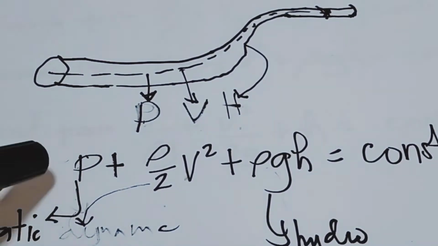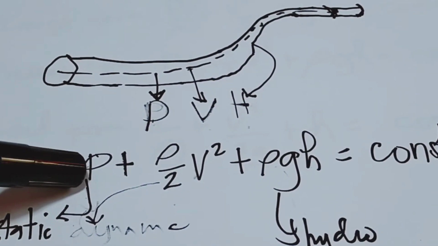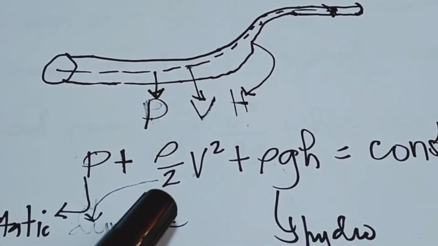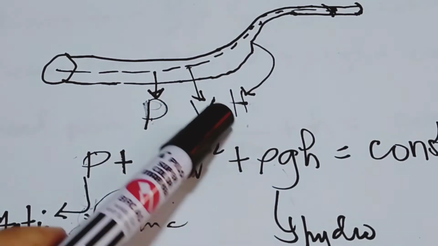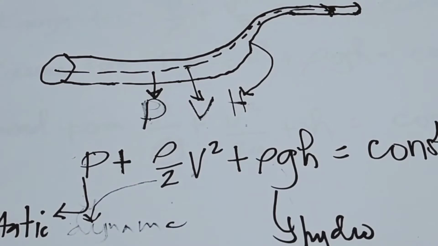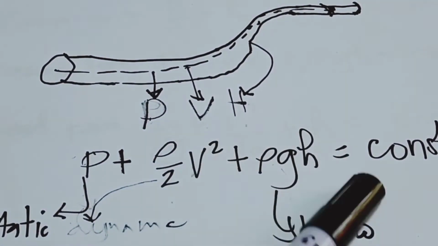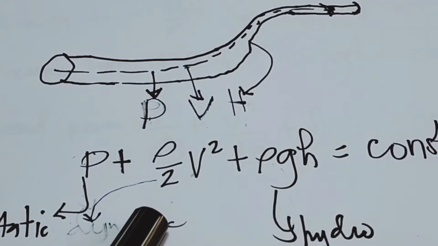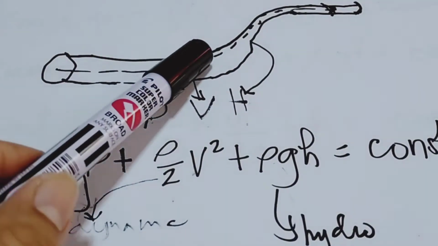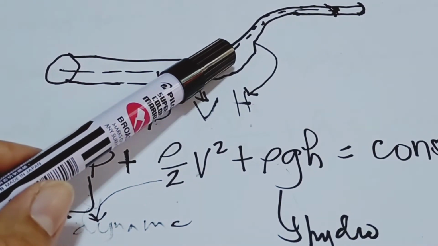P is the fluid pressure, represented as the first term, the fluid pressure that flows out here, and the second term represents the velocity of the fluid that flows here, and the last term represents the gravitational acceleration of the fluid as the height changes.